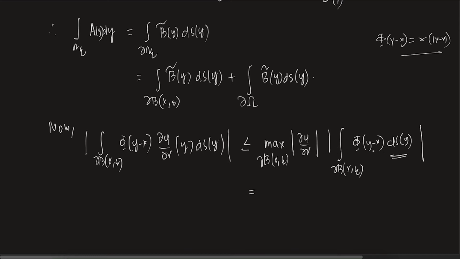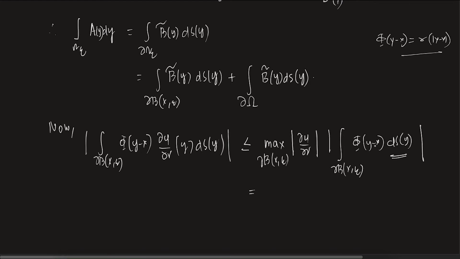You can also think of it like this: x is not equal to y, because x is at the center and y is on the boundary of the ball, so there is always an epsilon distance between them. So this is always well defined, and it's a continuous function, so you can also take the maximum outside.